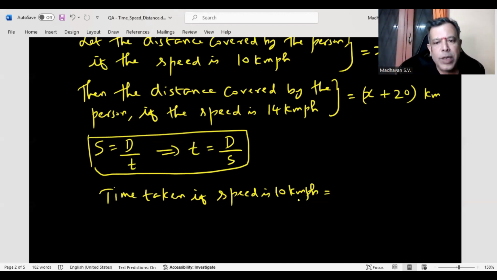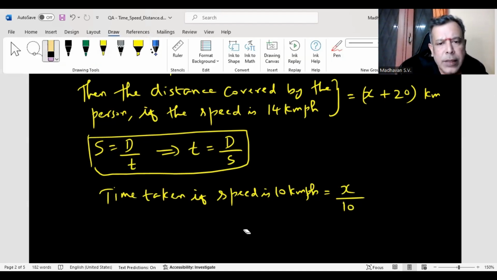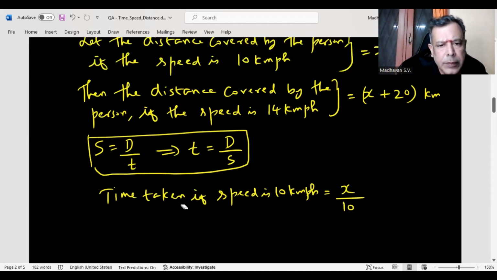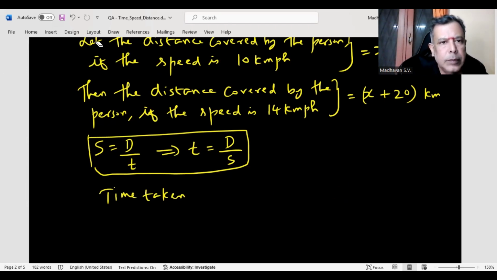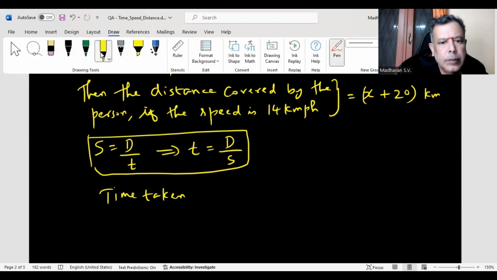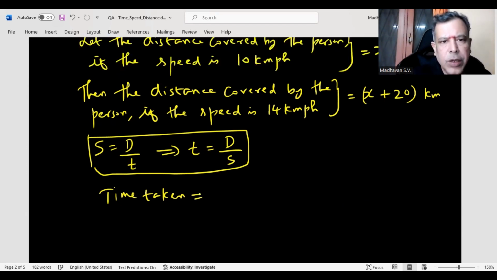If the speed is 10 kilometer per hour means the distance we assumed it as X divided by speed, which is 10. Time taken is based on x by 10.